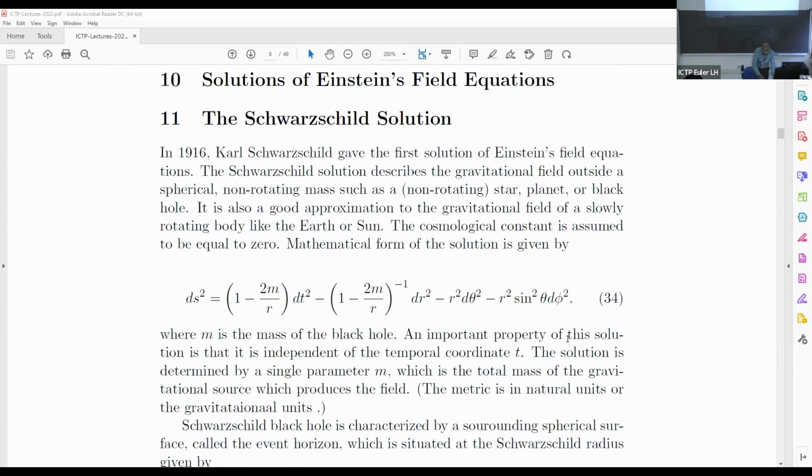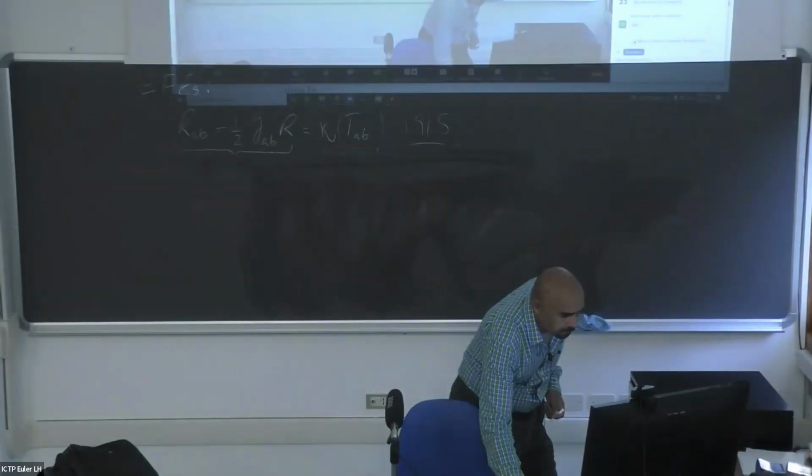Okay, so the equations were written in 1915, and the first solution is called the Schwarzschild solution. It was given in 1916 by Karl Schwarzschild. I think I should write it on the board because I would like to discuss some of its properties here.